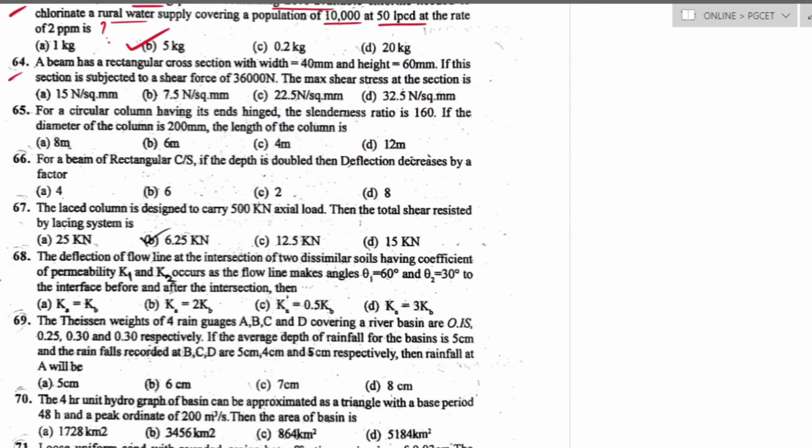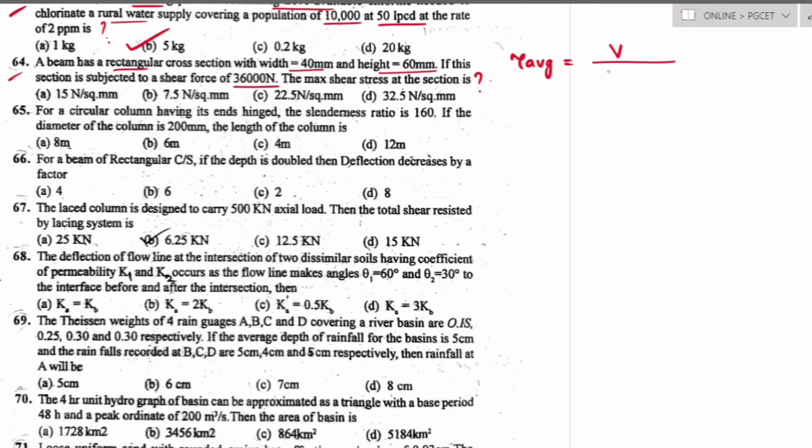Question number 64. A beam of rectangular cross section with width 40 mm and height 60 mm is subjected to a shear force of 36,000 Newton. Then the maximum shear stress at the section is, as per IS 456-2000 codal provisions, the average shear stress is given by total shear force divided by area of the cross section.